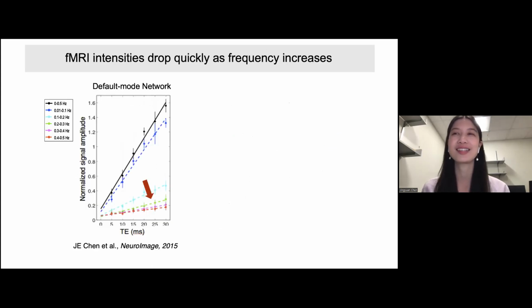But while we provide some possibility that it's feasible to capture faster dynamics using fMRI, we also noticed that signal intensity really drops quickly as a function of echo time, as shown by the slope of these different frequencies here.